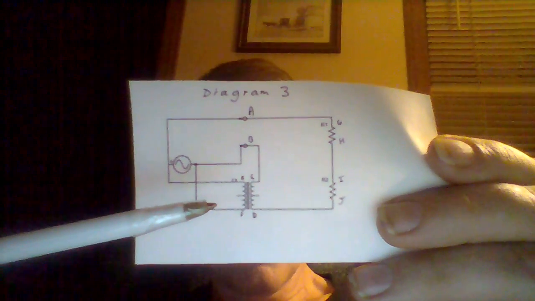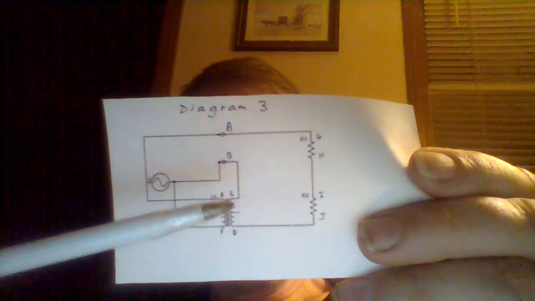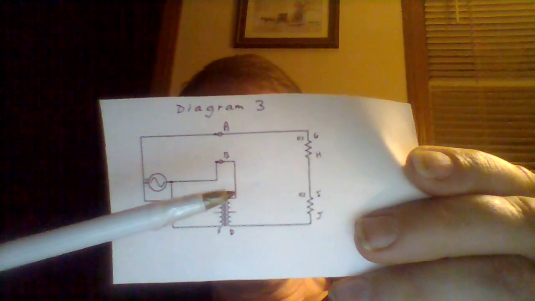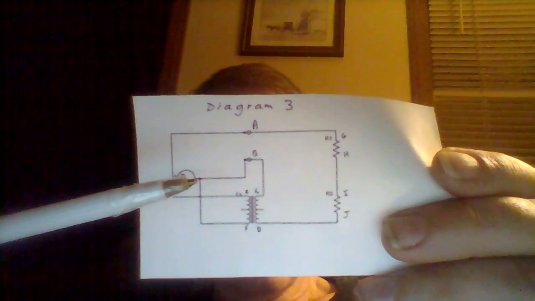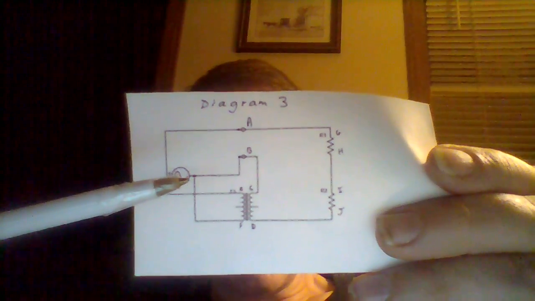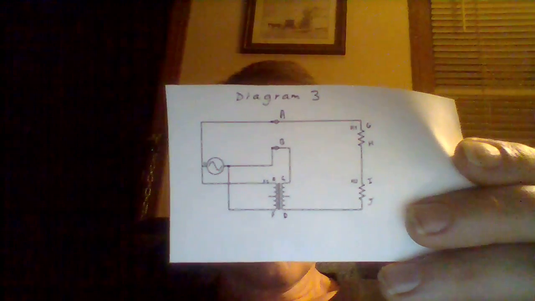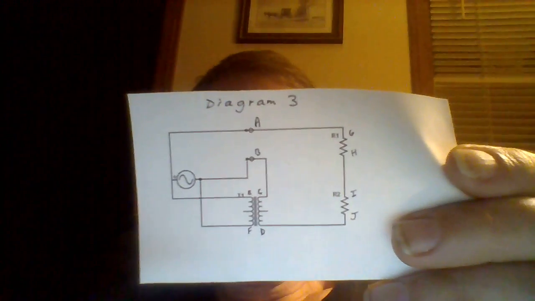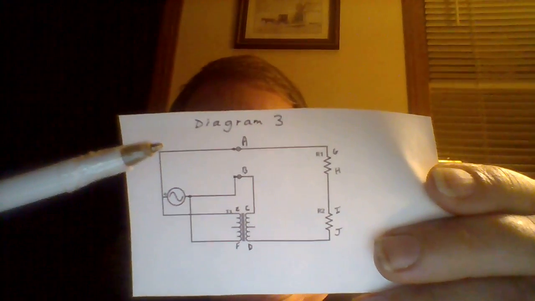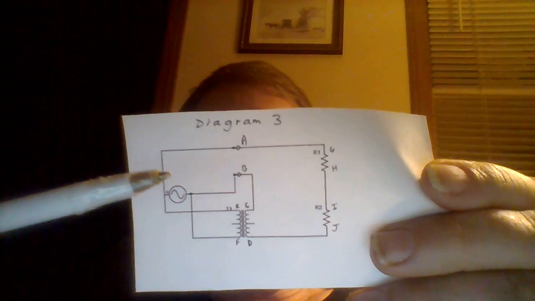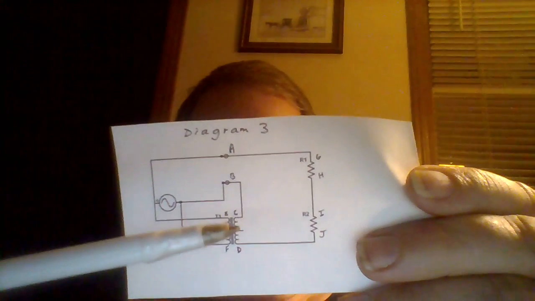The neutral. And actually it goes up here through the secondary coil, up to B, and then over here to the negative of the source. And remember, it started at the positive. So there you go. And then when the hot wire changes to neutral, it just goes the other way around. And when the neutral wire changes to hot, it goes the other way around like that.